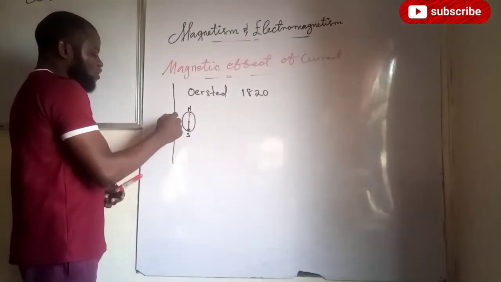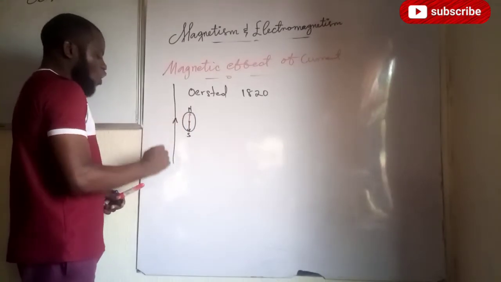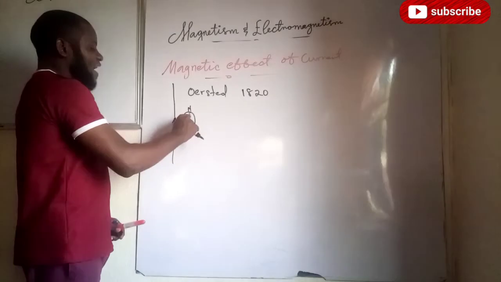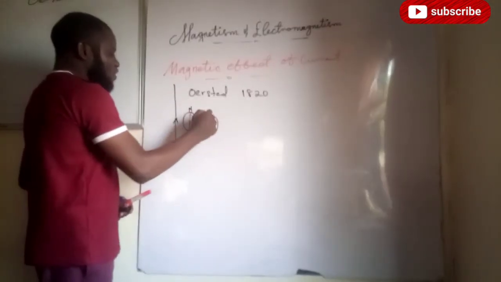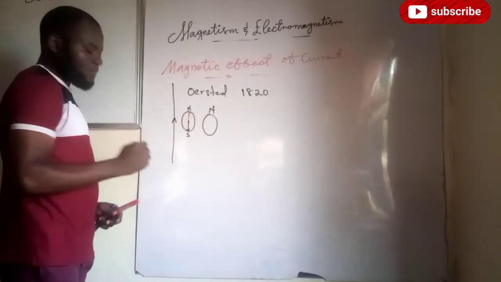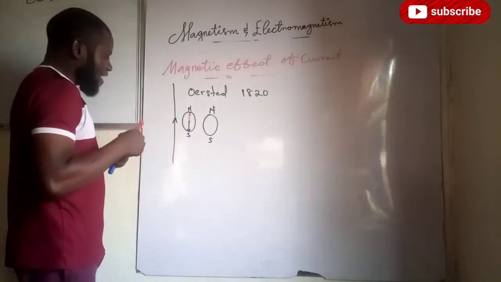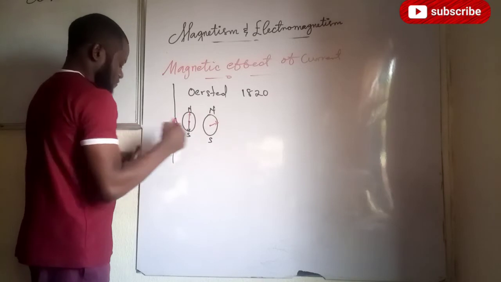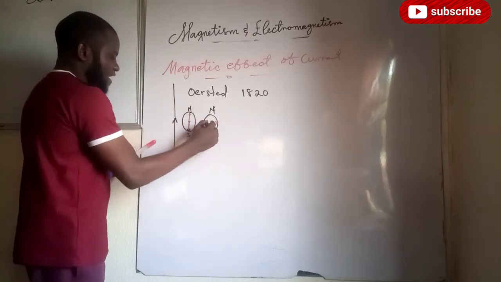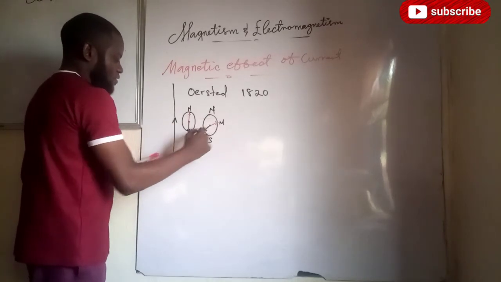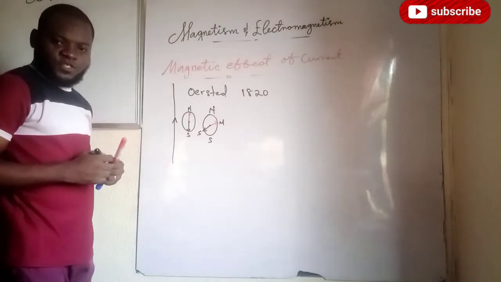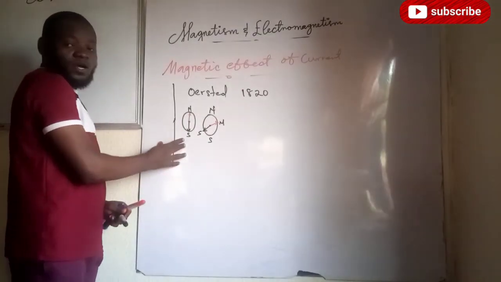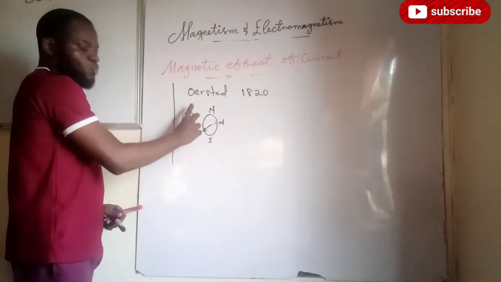But immediately you switch on the current flowing in this wire, you find out that the magnetic compass will change its position. That is, it's going to deflect. This is north, this is south. Are we together now? When there is no current in this conductor, this is what you have.